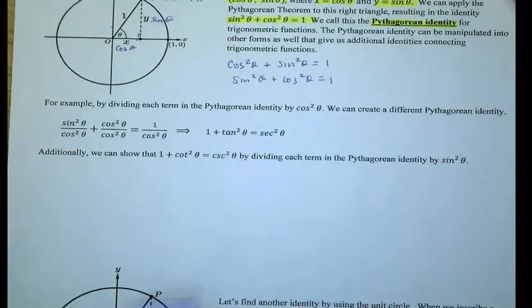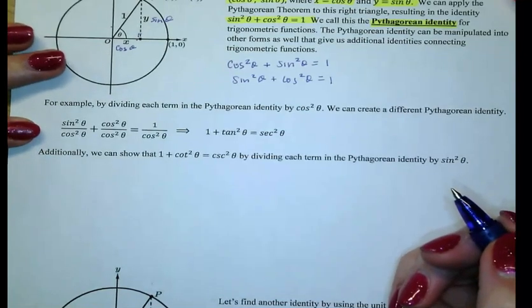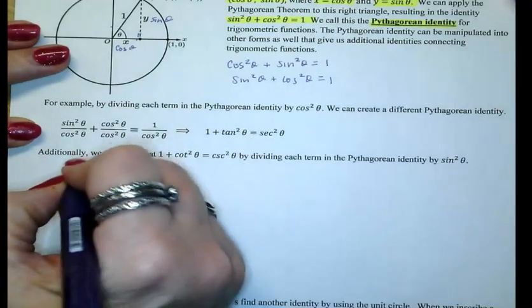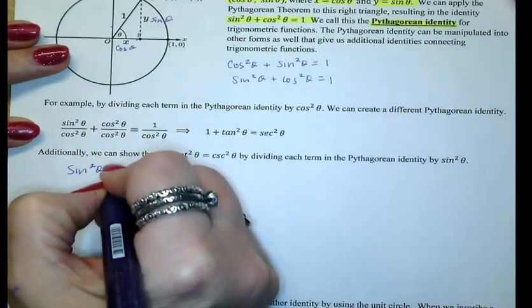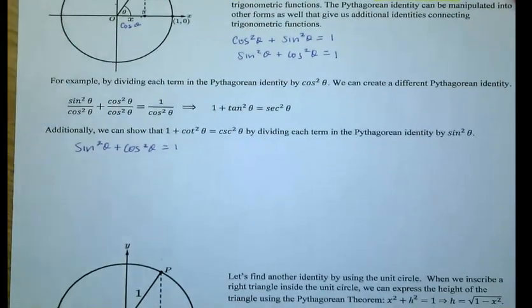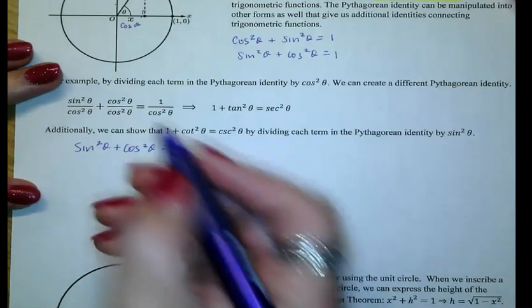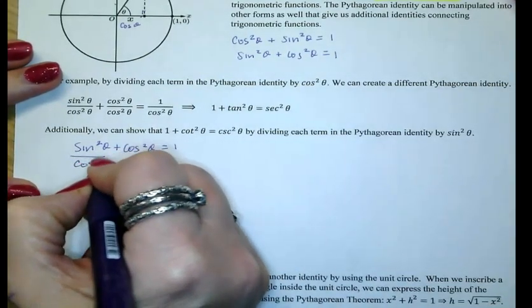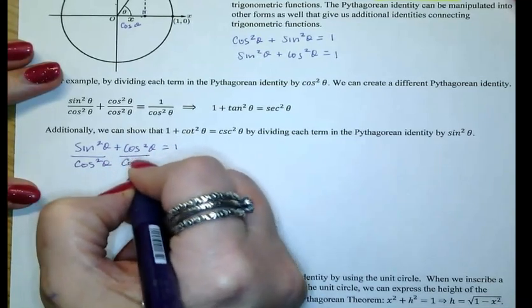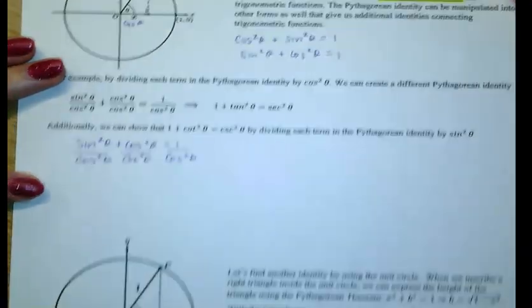So in order to derive this one, I started out with the basic function: sine squared theta plus cosine squared theta equals 1. I wanted the Pythagorean identity that has tangent in it, and I know that tangent is, I'm sorry, sine over cosine. So I'm going to divide everything by cosine, and I'm going to do it by squares because we're talking about the Pythagorean identity, and that uses powers of 2.